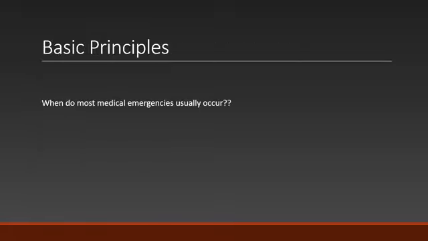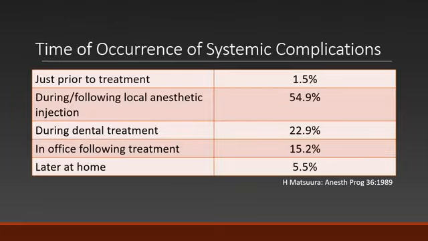So if we look at some of the basic principles, one of the questions is, when do most of these medical emergencies typically occur? From the data, this is from Anesthesia Progress back in 1989, you can see that the vast majority of systemic complications, over half of them, happen either immediately during or following placement of the local anesthetic injection.